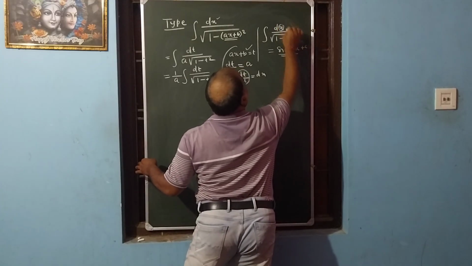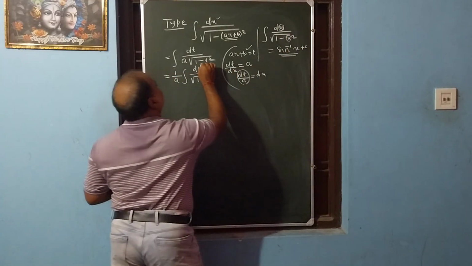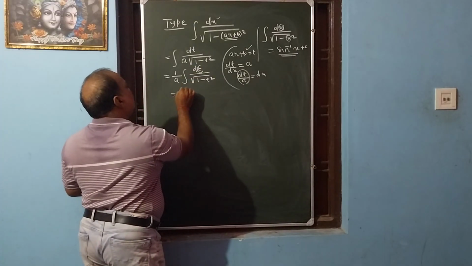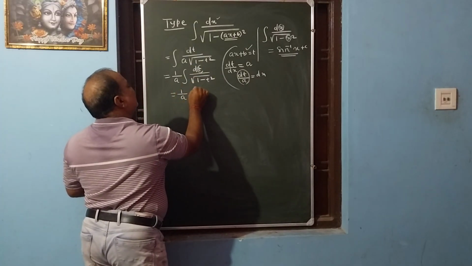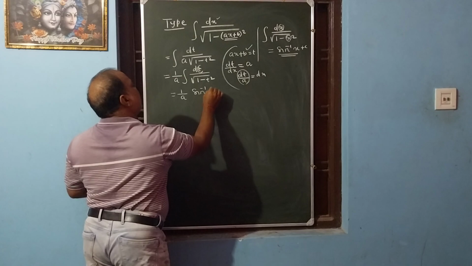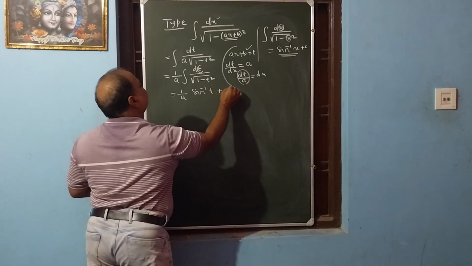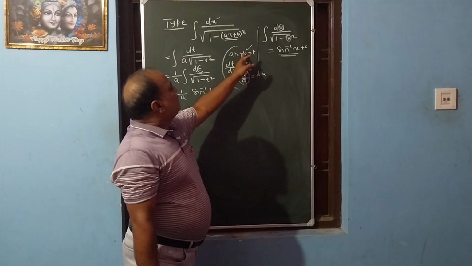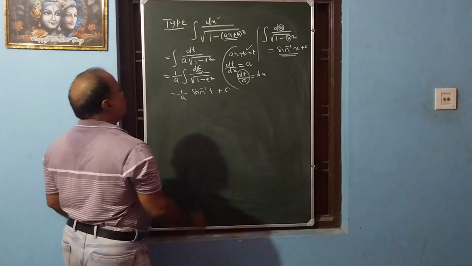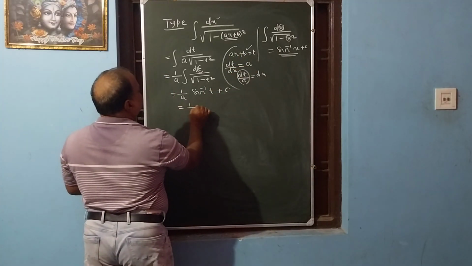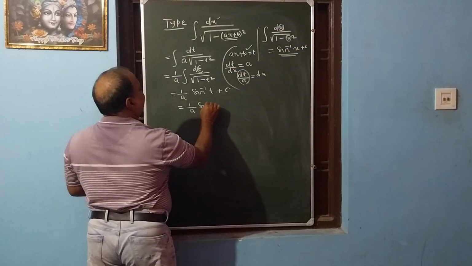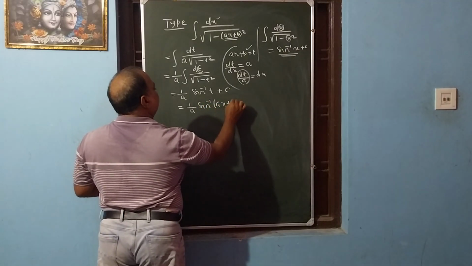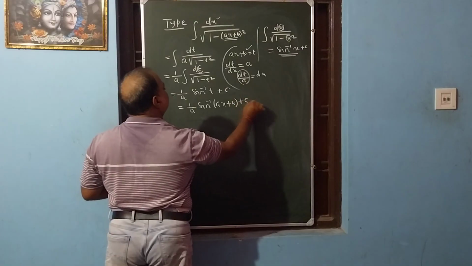Here it is x, and here it is also x; so in place of t, here it is t. So the integration value will become 1 by a sine inverse t plus c. Now we have to put ax plus b in place of t. So we get 1 by a sine inverse (ax plus b) plus c.